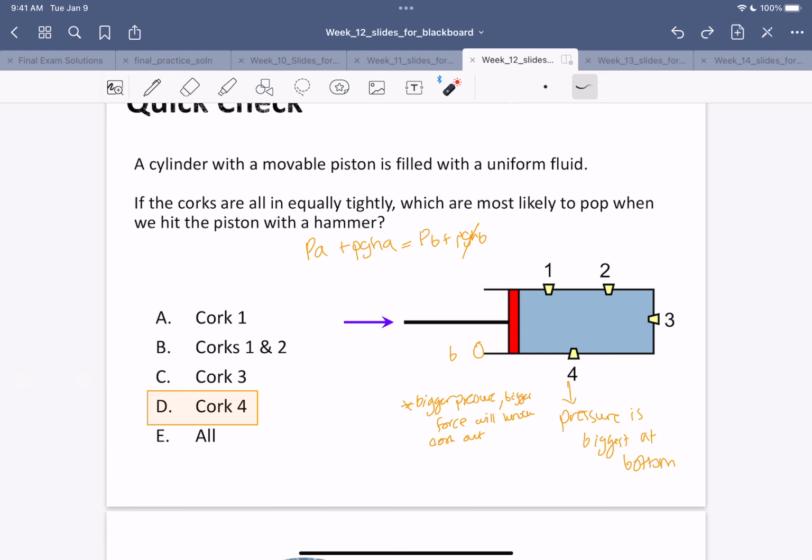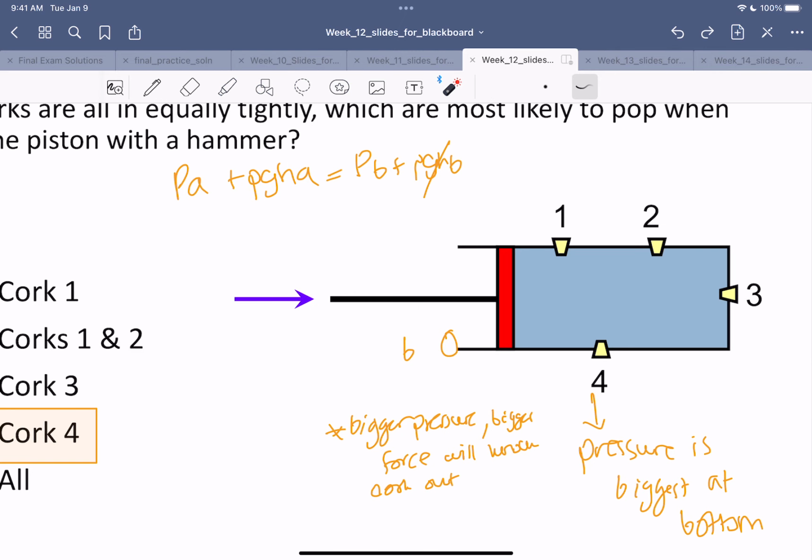If I'm applying the same pressure throughout, pressure should equal force over area, right? So if it's the same pressure here, there, and there, should all the forces be the same? Yeah, because pressure is equal to force over area. If the pressure is constant throughout because of Pascal's principle, I should see the same force throughout. And so if they're all pushing against the corks with the same force, they should all pop out at the same time if we're going by that.